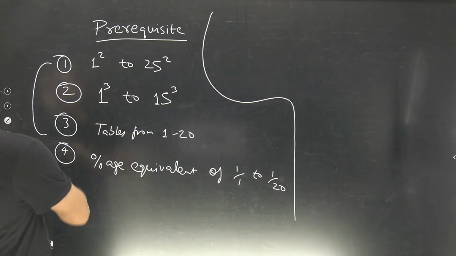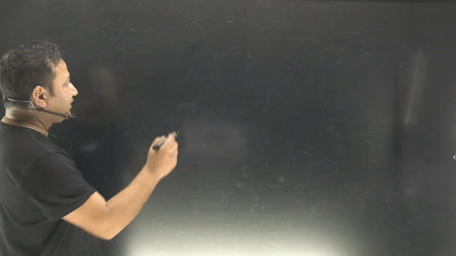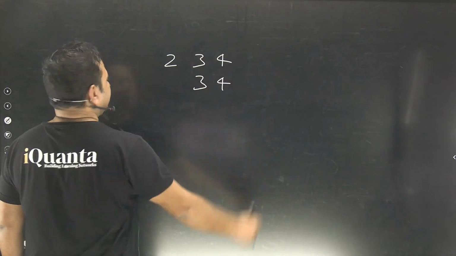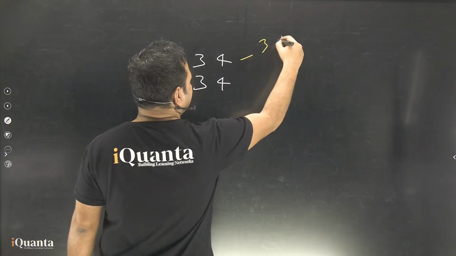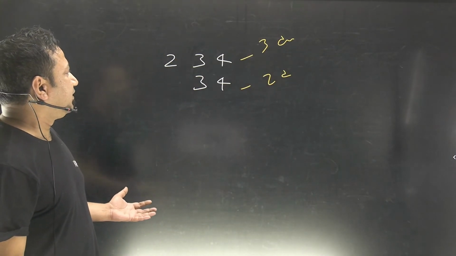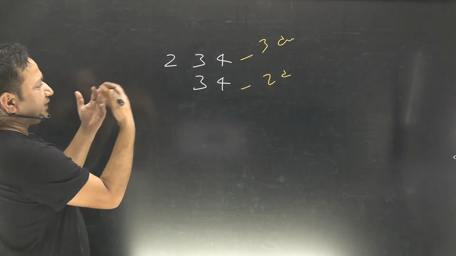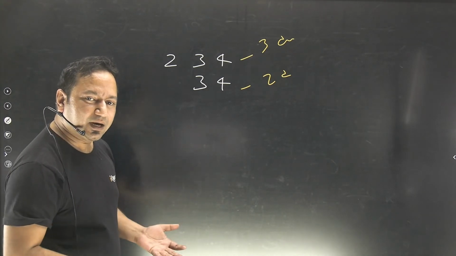Okay. Now, when one number is 3-digit and the other is 2-digit, for example, Sonia has given this, 234 and 34. Wow. So we have 3-digit numbers here, and here we have 2-digit numbers. Now what to do? We do not know any technique over here. Well, we can do one thing. We can reframe the second number as a 3-digit number. How?